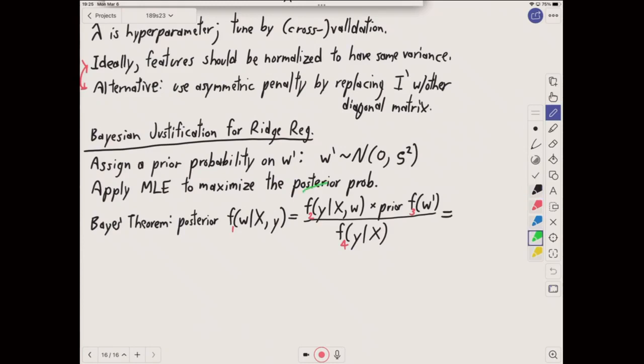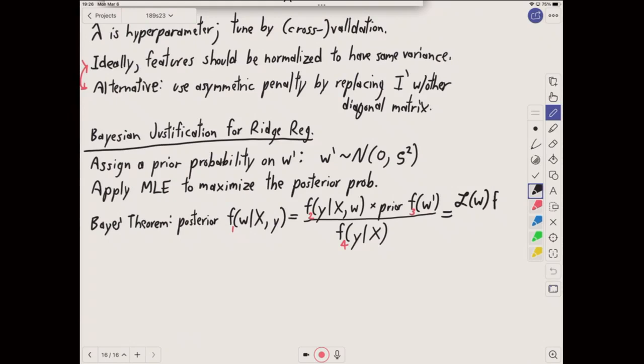this expression right here is essentially the likelihood that we derived last week for least squares regression. So I can just write as a shorthand, that is the likelihood that a particular weight vector will produce those labels.